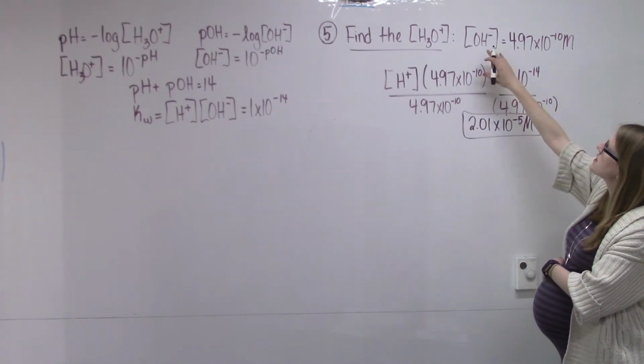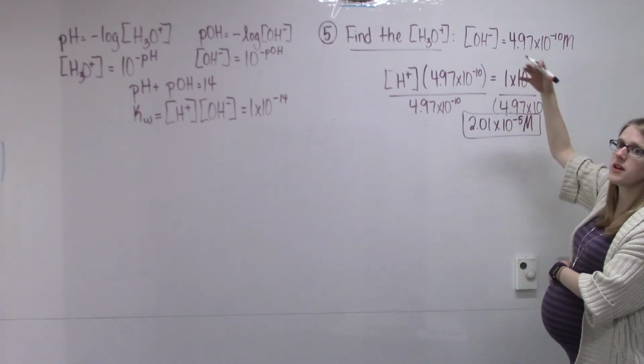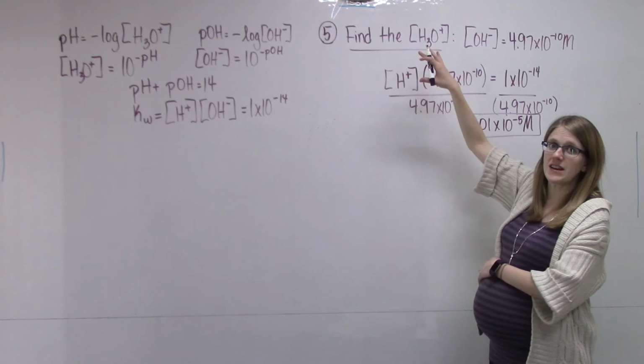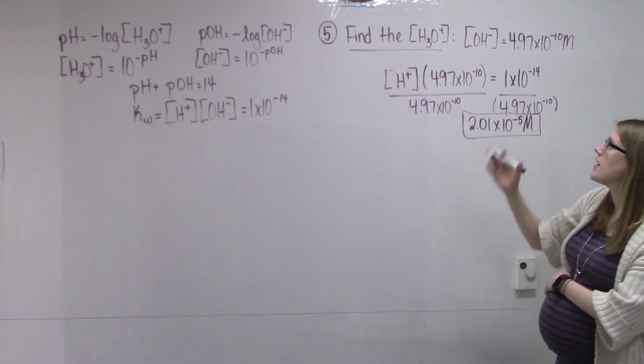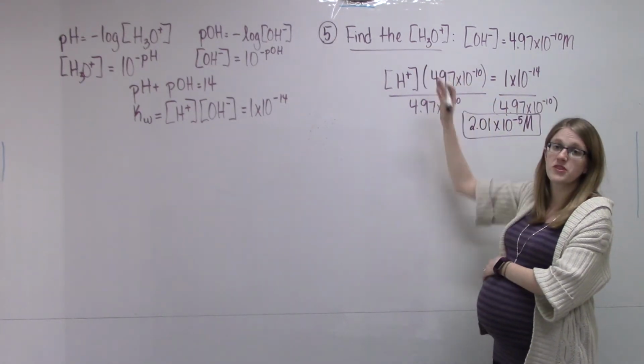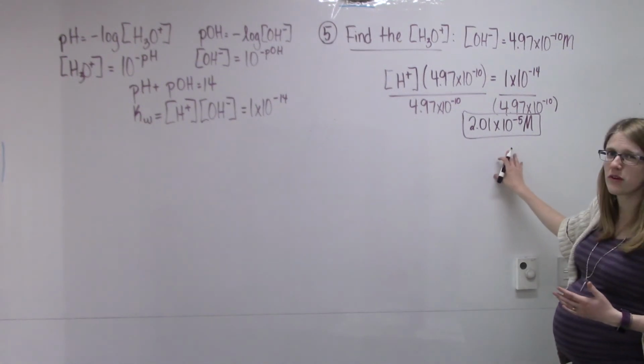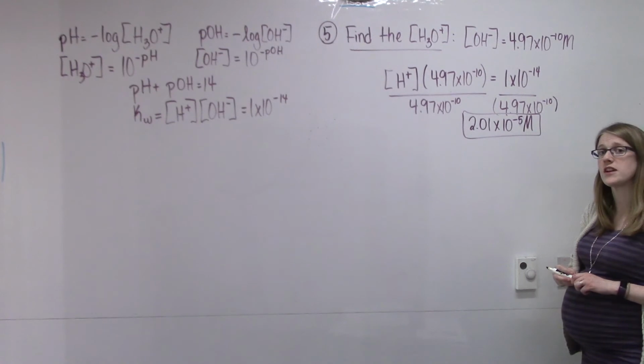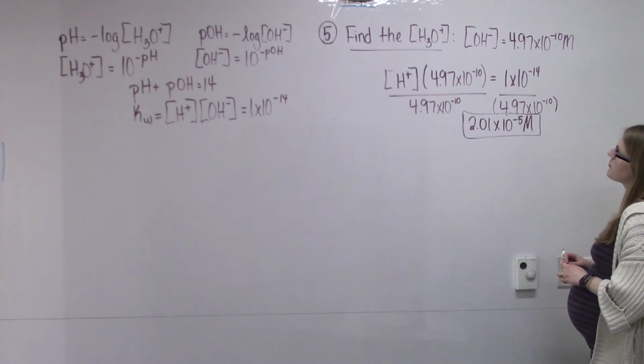The other way you can do this is use this to find pOH. Use your 14 to find the pH, then use your pH to find this. So it has a lot more steps. This one's just one formula. Sometimes students get worried about dividing by those scientific notations. Sometimes students forget to use it.